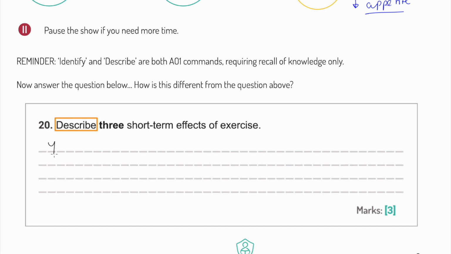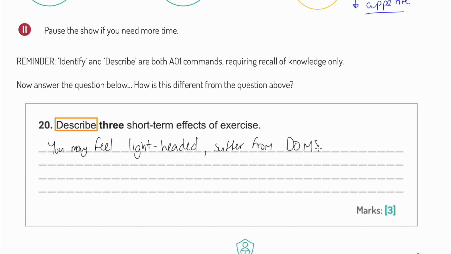We're going to say here, you may feel lightheaded. And again, I'm looking for 3 here, folks. So I've got to make at least 3 points to get to this. You may feel lightheaded, suffer from DOMS. That's the delayed onset of muscle soreness.